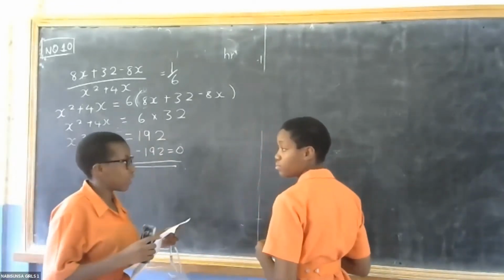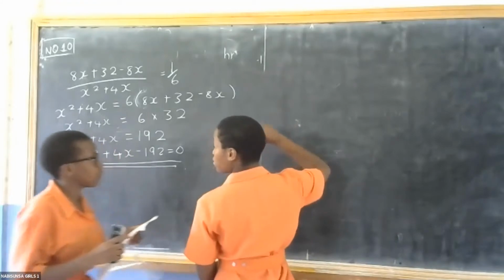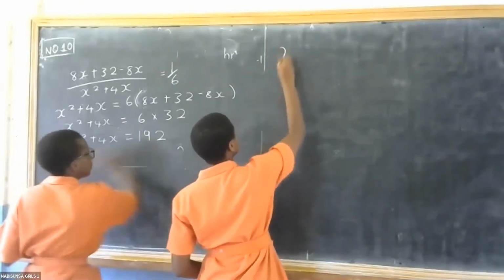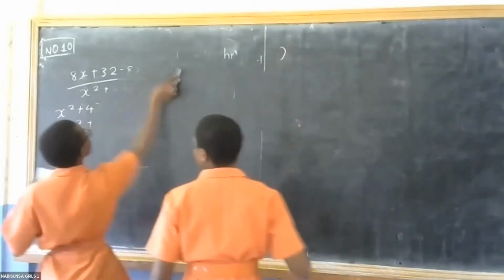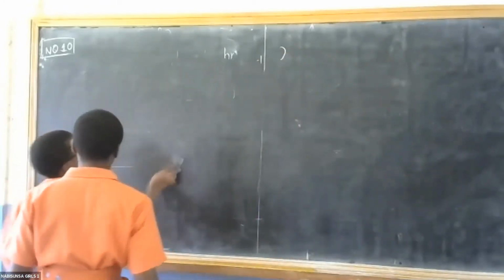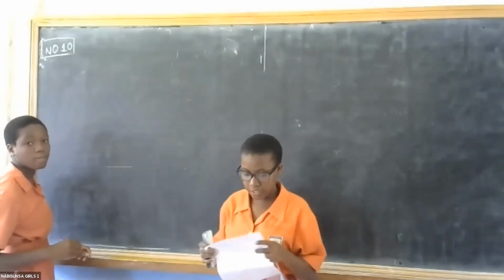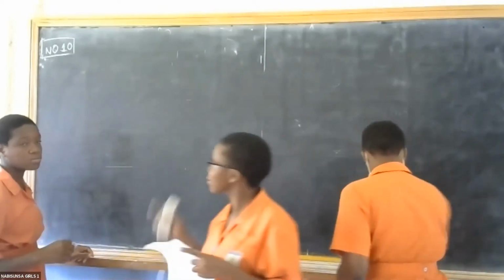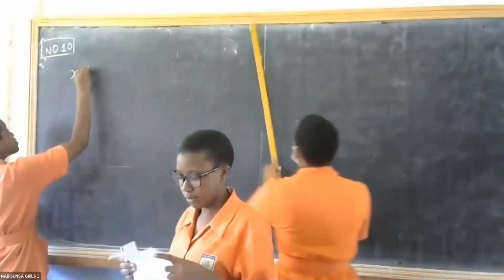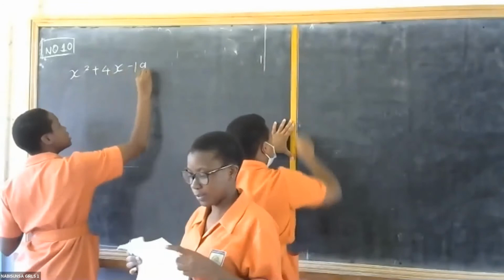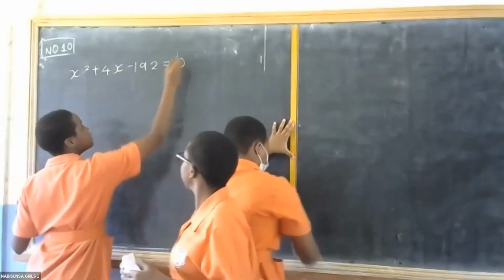Solve the quadratic equation x squared plus 4x minus 192 is equal to 0.